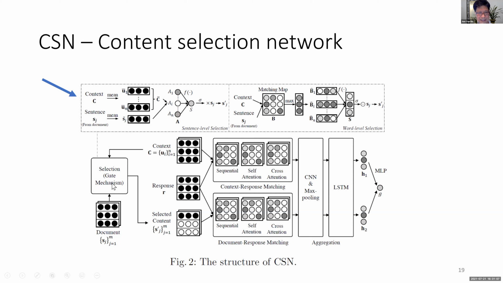Once this is done, we use the selected content to match with the response. And of course, the context of the dialogue will also be used to match the response. So we have those two paths of matching, and at the end we have some global score for the response.